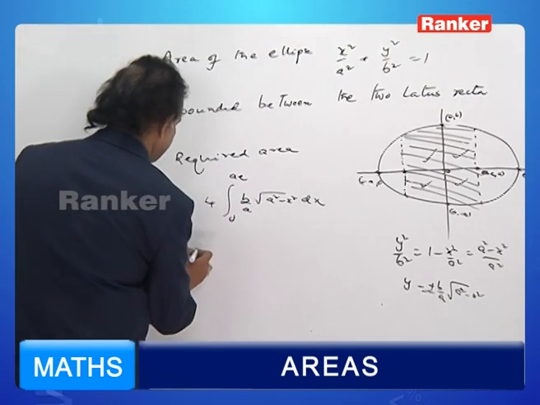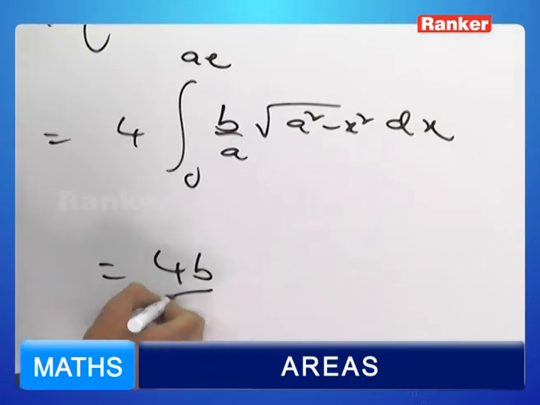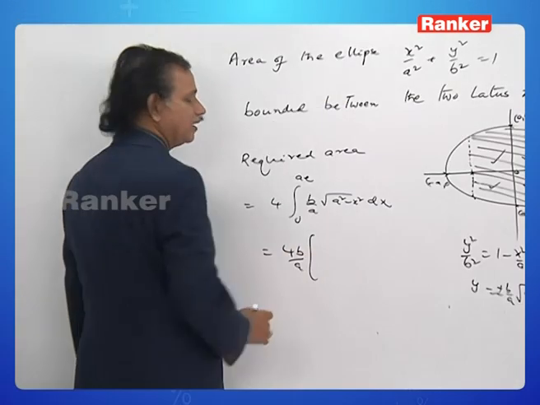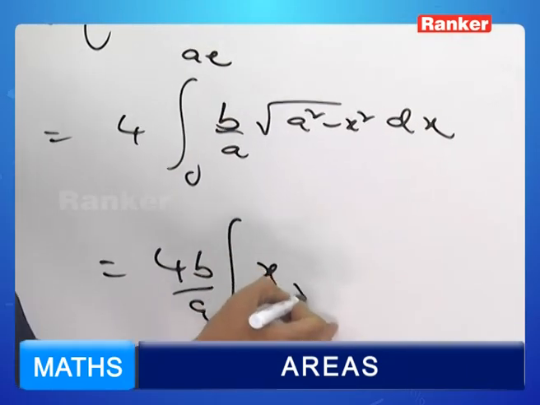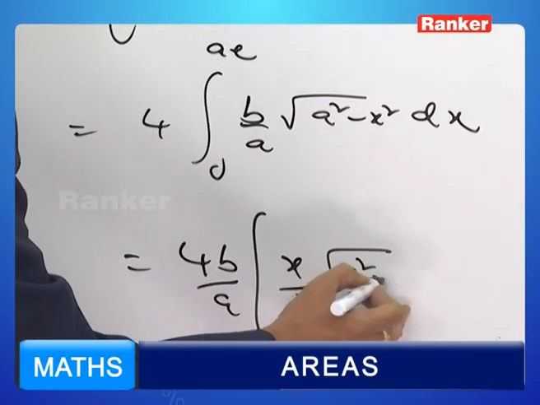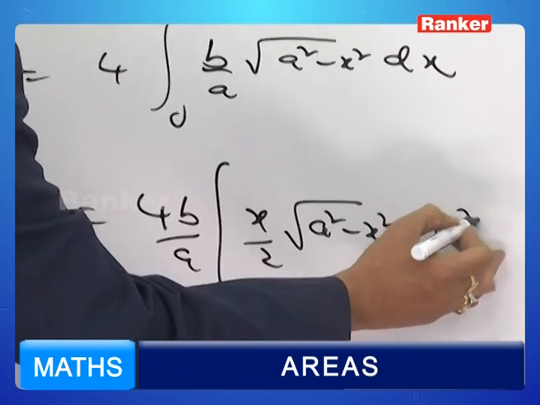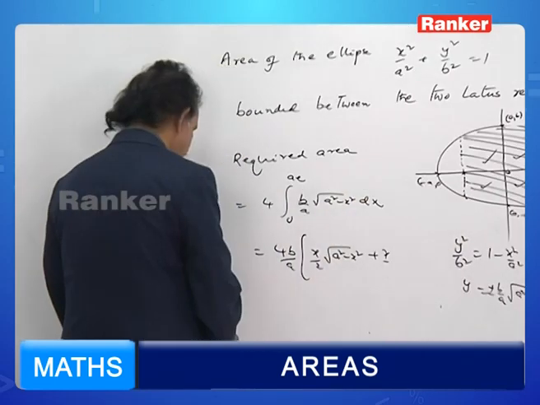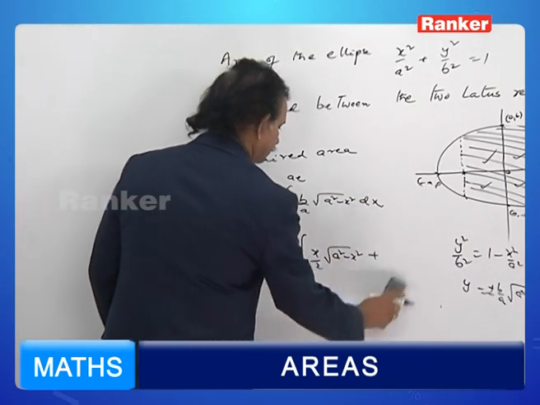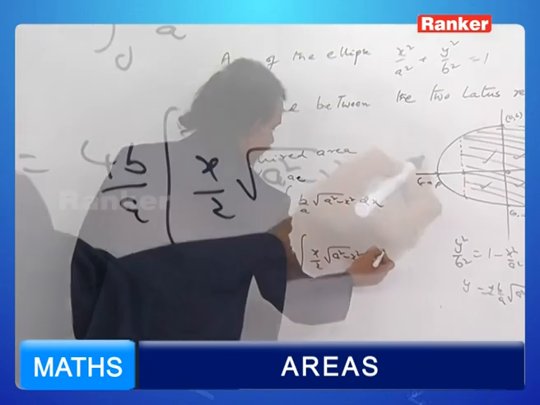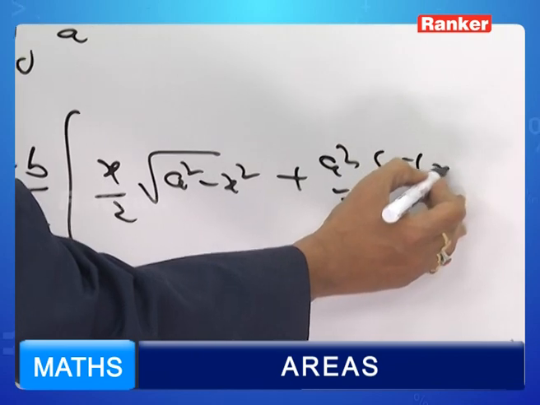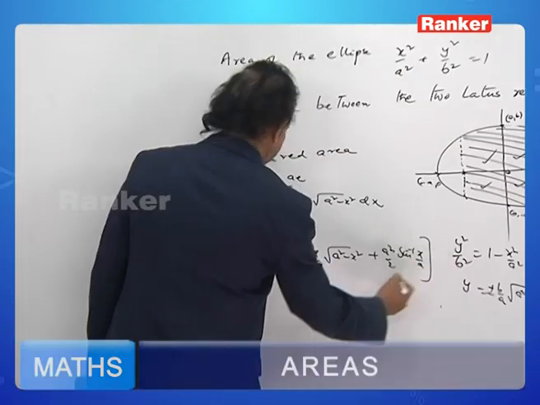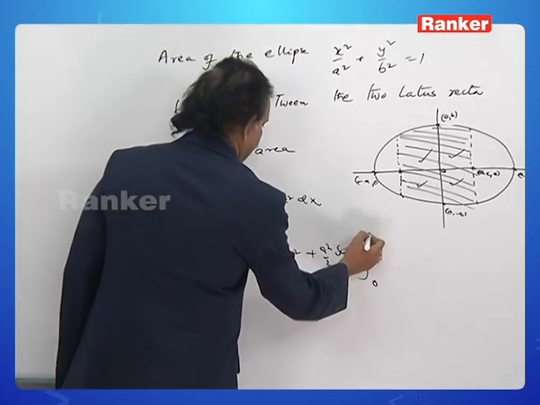Okay, so this is 4b by a into, come on friend, the integral: x by 2 into root of a square minus x square plus a square by 2 into sine inverse x by a, between the limits 0 to a.